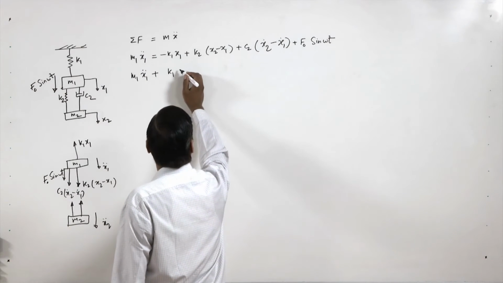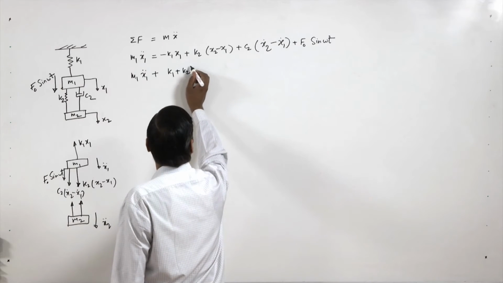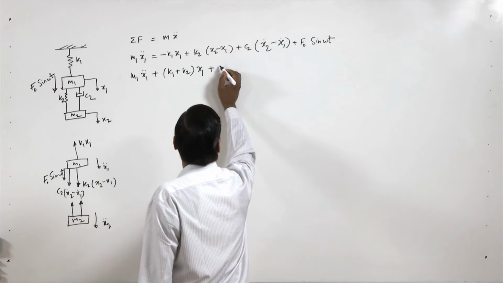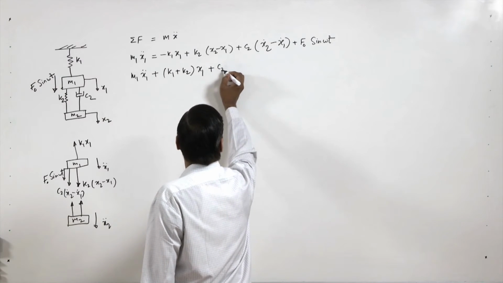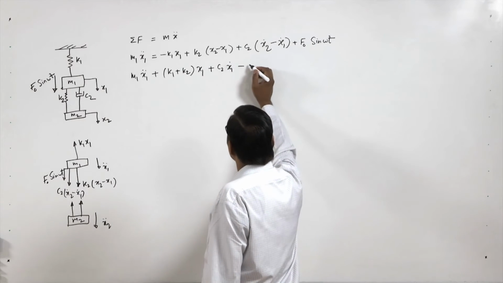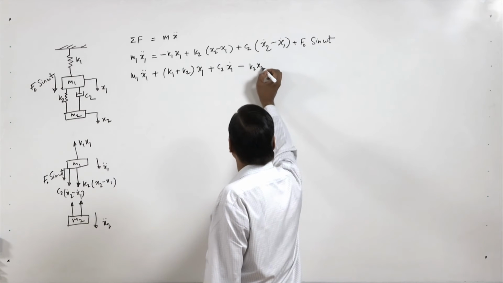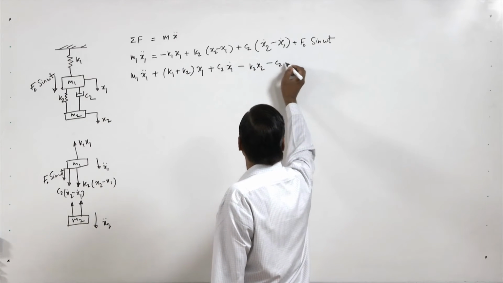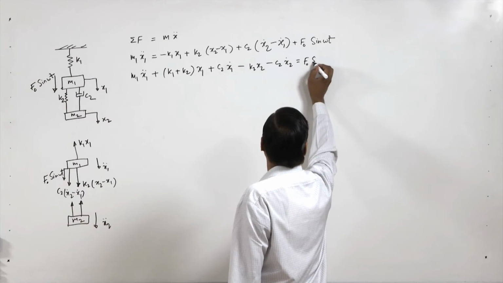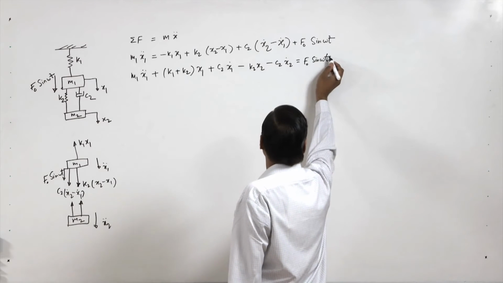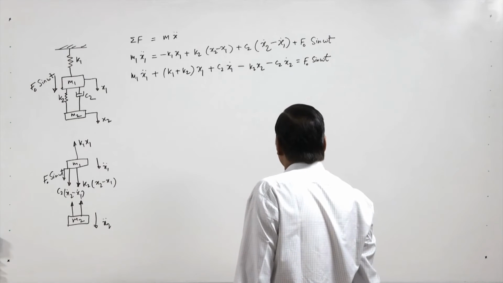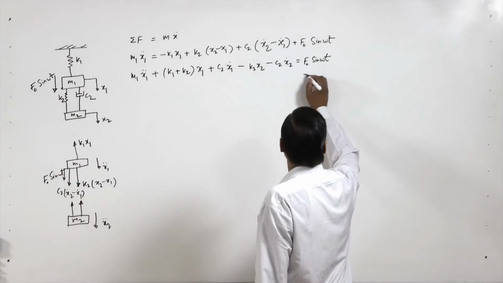So (k1 plus k2) x1 plus c2 x1 dot minus k2 x2 minus c2 x2 dot, that is equal to f0 sine omega t. So this is, let's say, equation number 1.